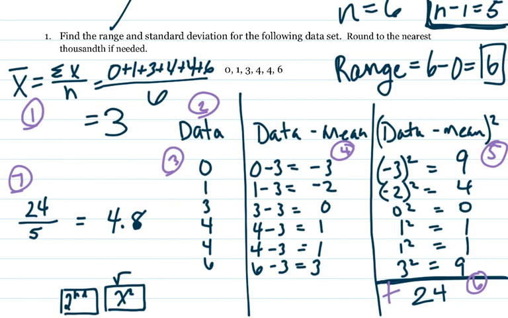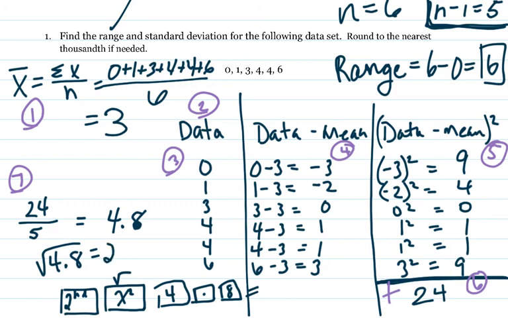So you would do that, and then you would type 4.8, and then equals. So let's do that. The square root of 4.8 equals 2.19089, etc. It keeps going.